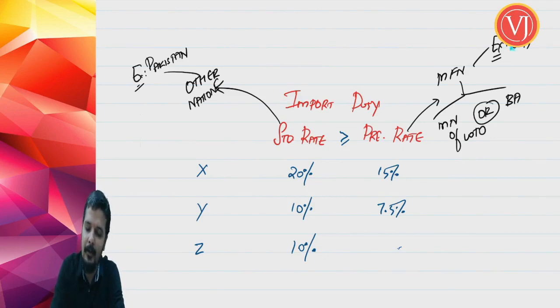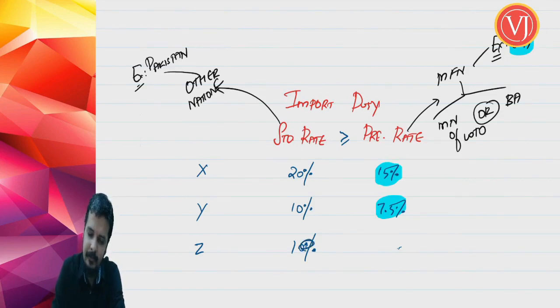Now if you are importing item X from USA, you are going to pay 15% import duty. If you are importing item Y from USA, you are going to pay 7.5%. If you are importing item Z from USA, you are going to pay the same 10%, since there is no preferential rate.